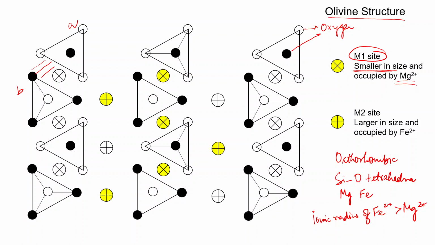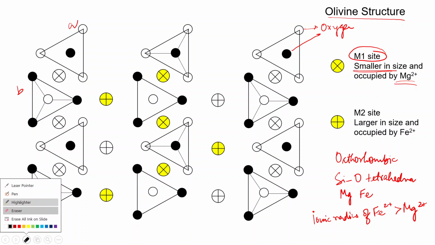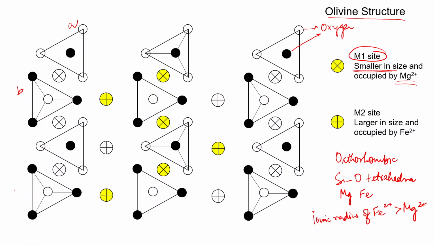And let me remind you here that it is because of the smaller radius of Mg2+ that Mg2+ is strongly bonded as compared to Fe2+. This means the bond strength of forsterite is more as compared to fayalite, and therefore the forsterite bonds need more energy to be broken, and this is the reason why forsterite has a higher melting point.